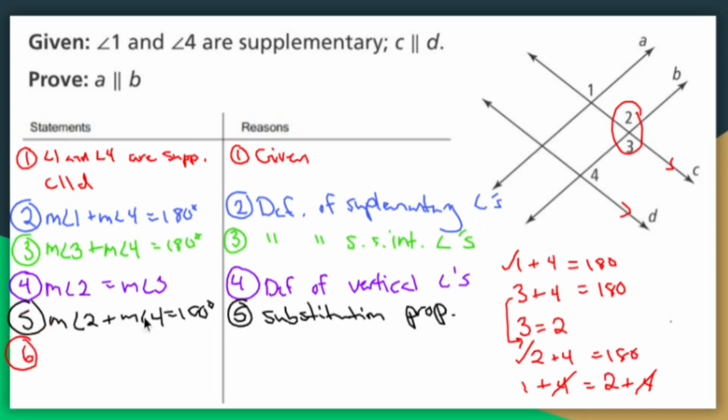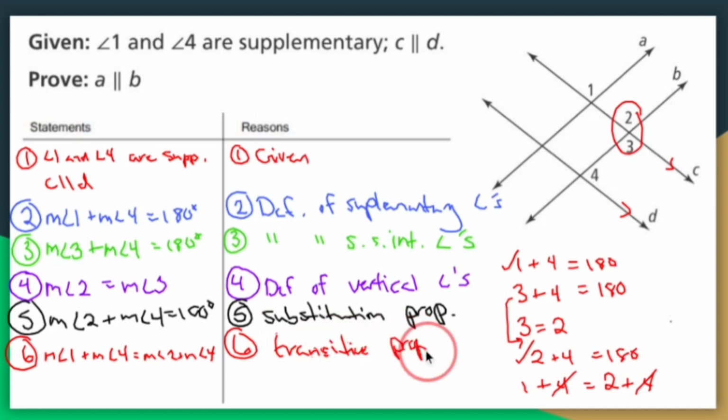Since 2 plus 4 equals 180 and 1 plus 4 equals 180, then the measure of angle 1 plus the measure of angle 4 equals the measure of angle 2 plus the measure of angle 4. I could use substitution, or I can use transitive property. I like transitive property, so let's use transitive property of equality.